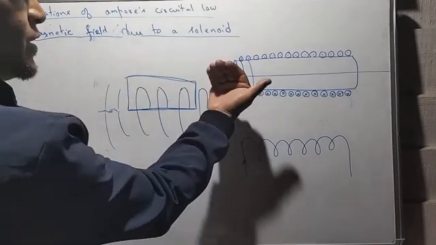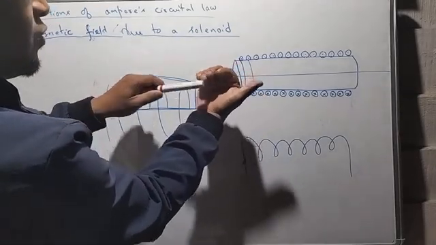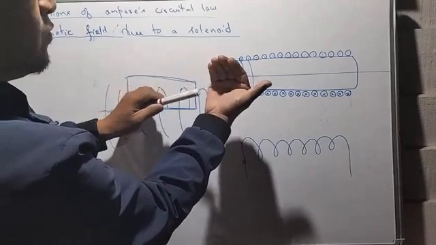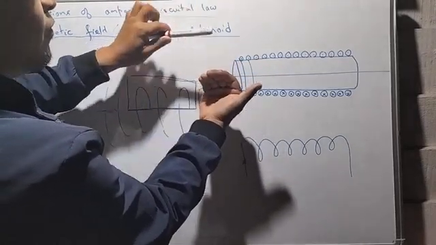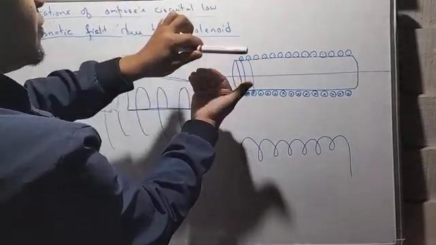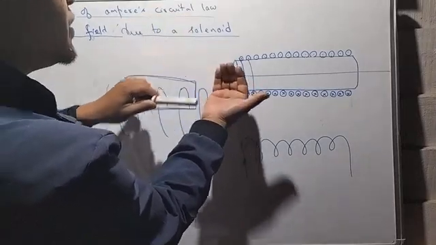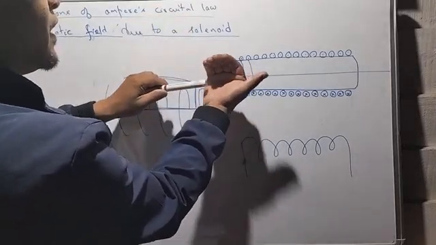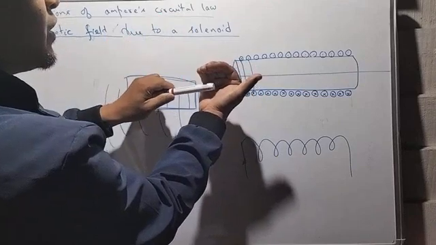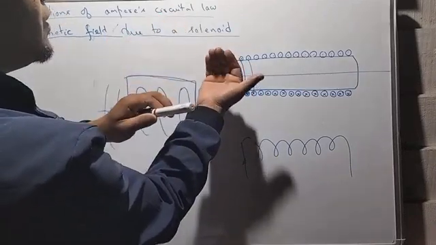These are the turns. Then if I draw a rectangular loop like this, this is my closed loop. That means this closed loop encloses these turns.